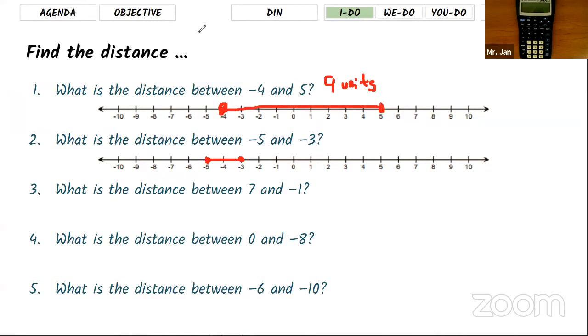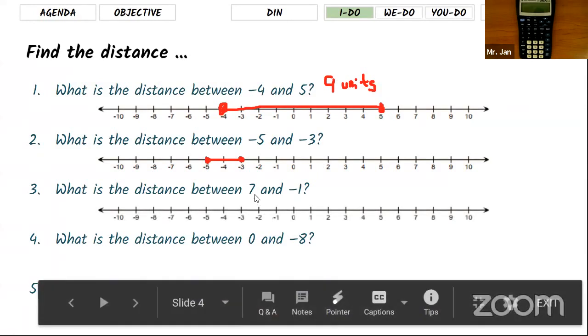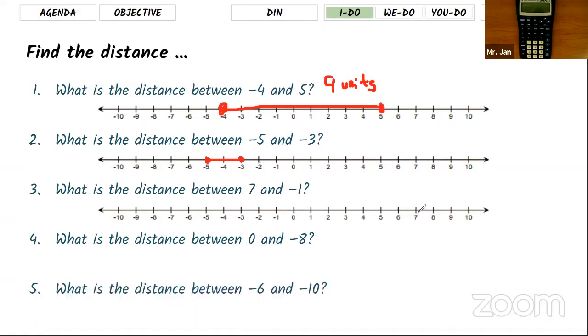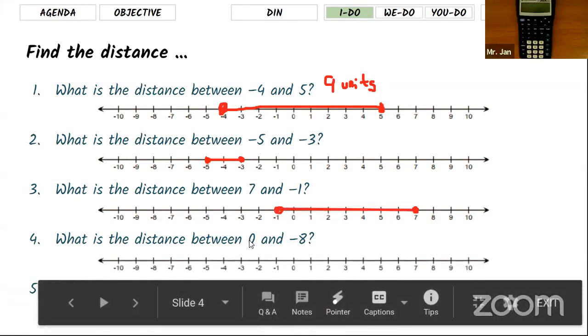And the next one, let's see. Here's the number line, and the first number is positive, the second number is negative. So we need to locate those numbers on the number line again. 7 is right here and -1 is right here. So the distance between those two numbers, starting at this point till the next one. Now this time you need to locate 0 and -8.